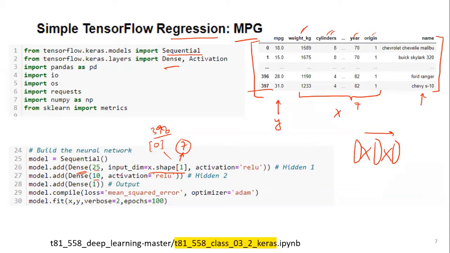The input being given to this network was of size 7, so this is X, let's say X0 to X6, 7 inputs. How many neurons in the first hidden layer? 25.